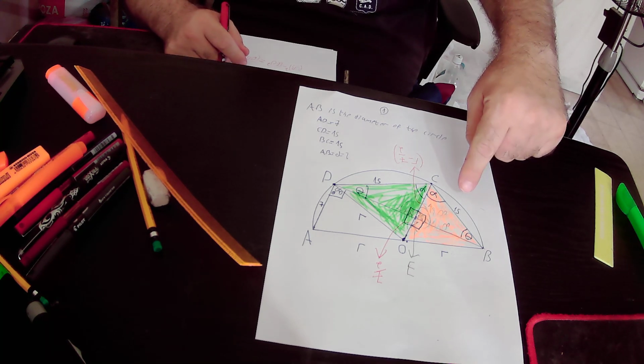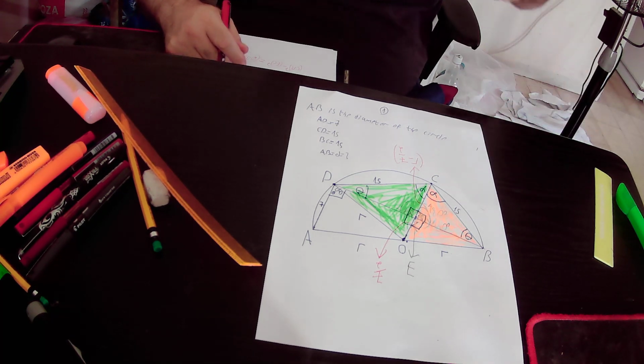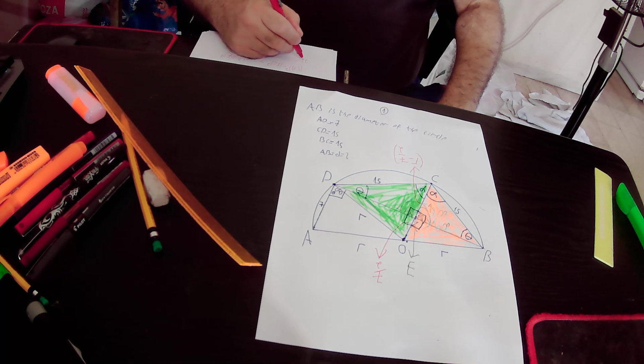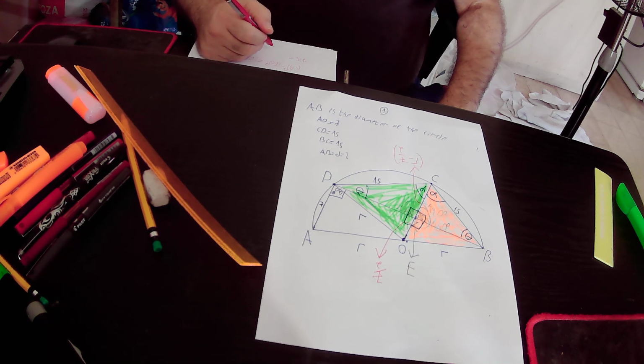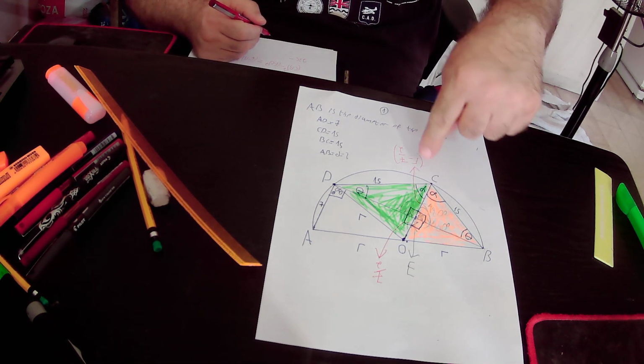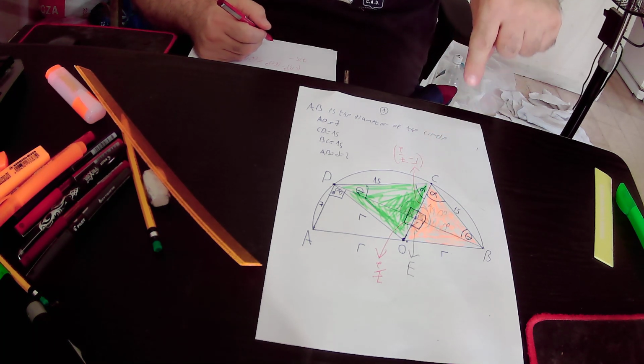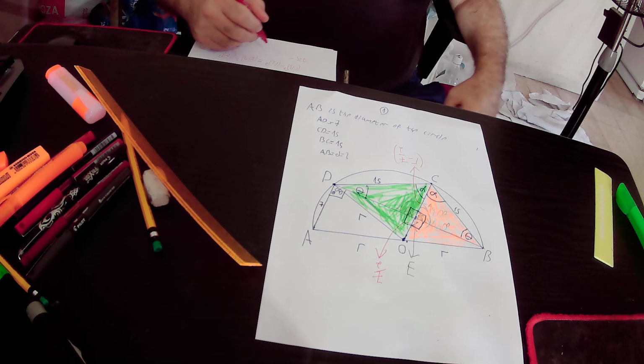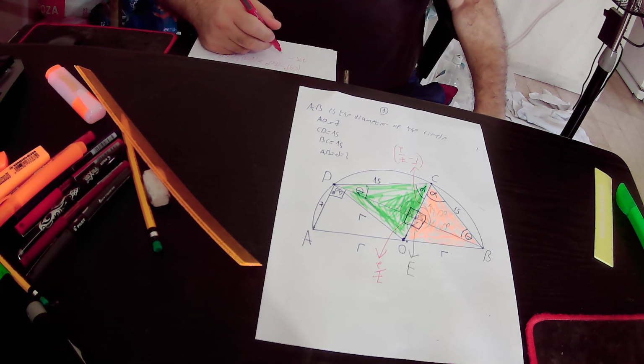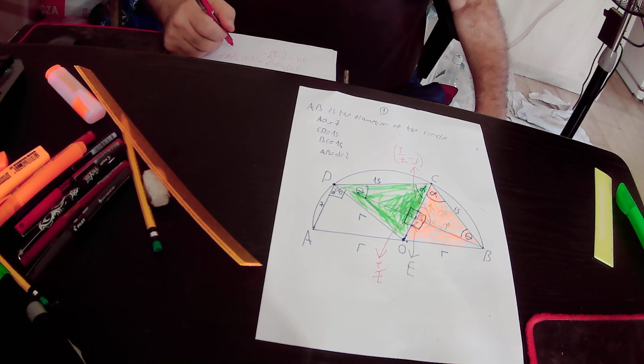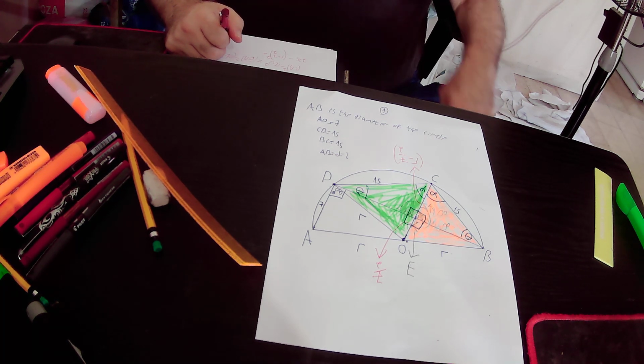CB equals 15 units, so CB squared is 225, minus EC squared. We found that EC equals R minus 7 over 2, so EC squared is R minus 7 over 2 squared.